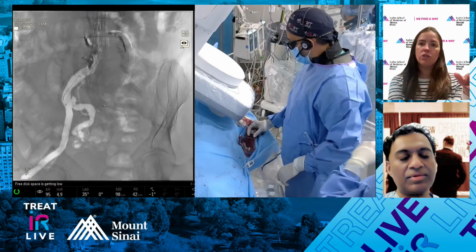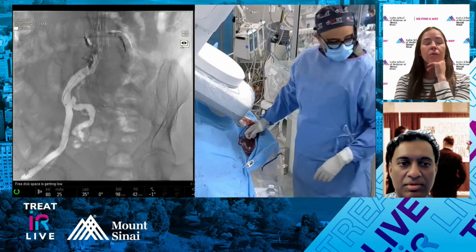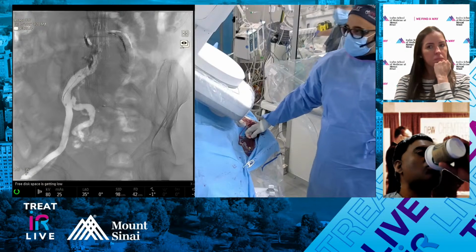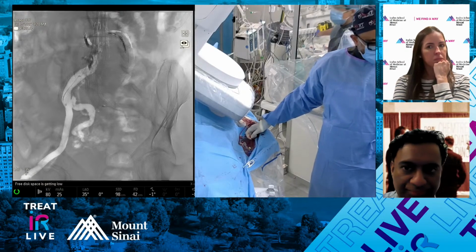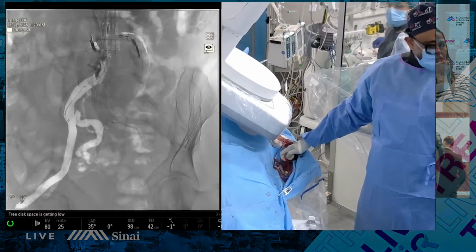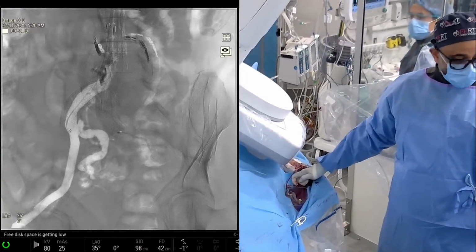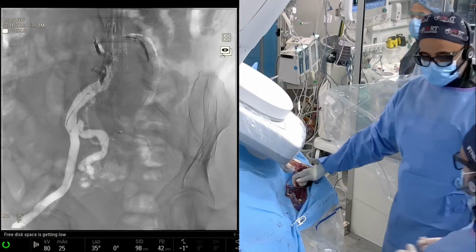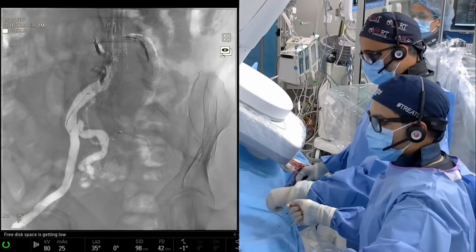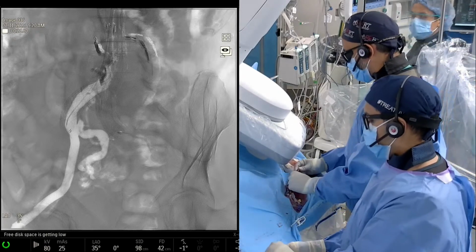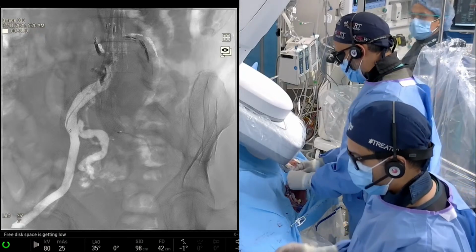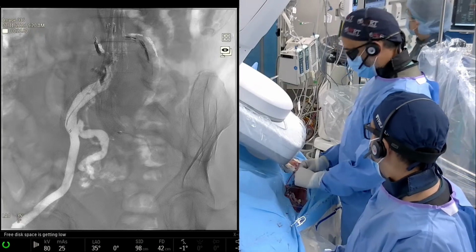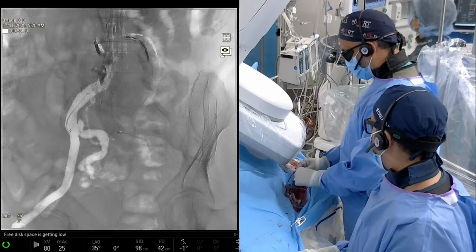And then, Joji, you were talking about... sorry, go ahead, Rahul. Yeah, I've had some bad experiences pushing Amplatzer plugs from the wrist, especially through a guide, because the long guides from the wrist are kind of soft. And in terms of recapturing them, I've gotten burned once, so I'm a little shy.